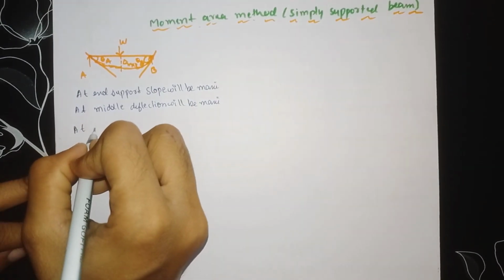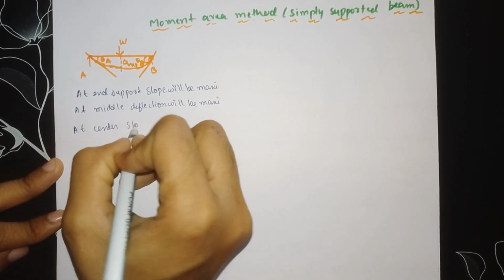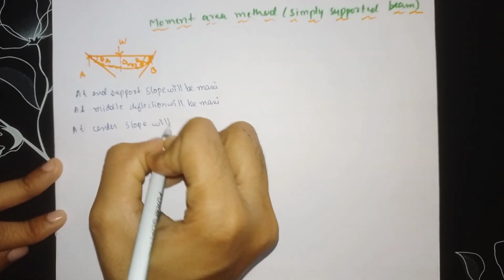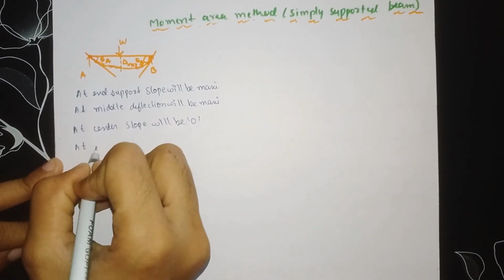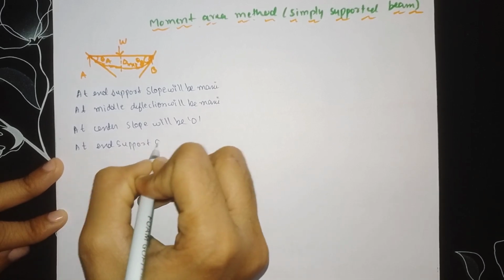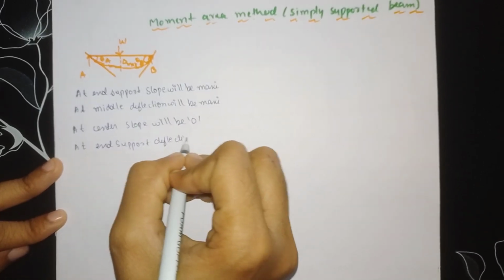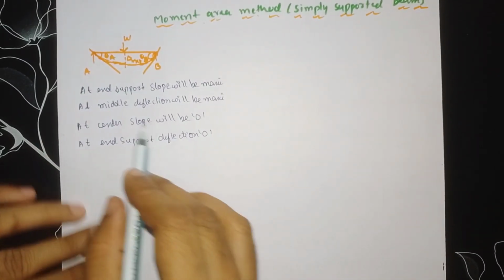At the center the slope will be 0, and at the end support the deflection will be 0. So this is about the simply supported beam.